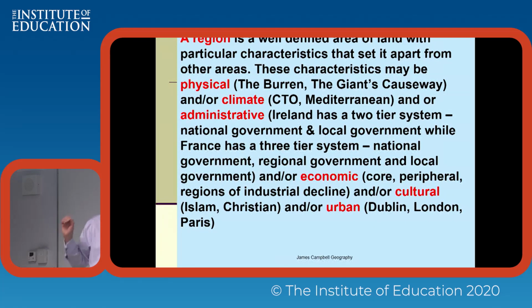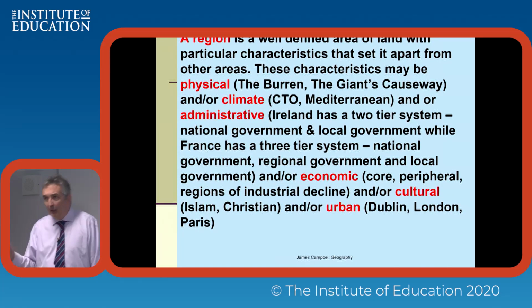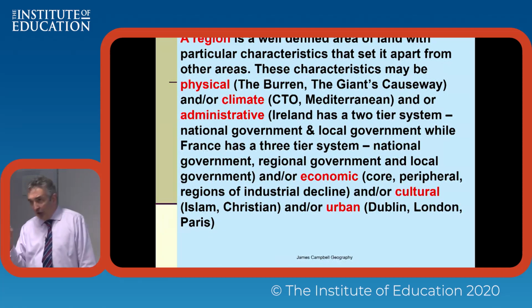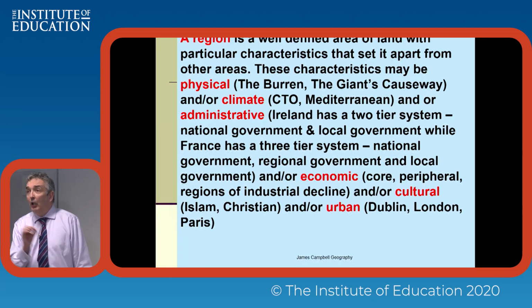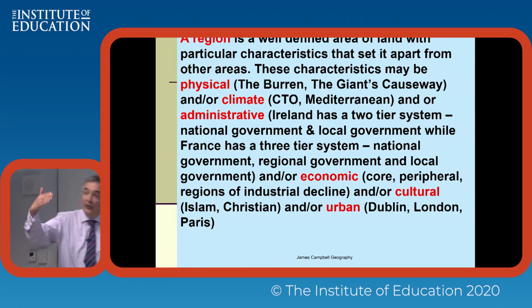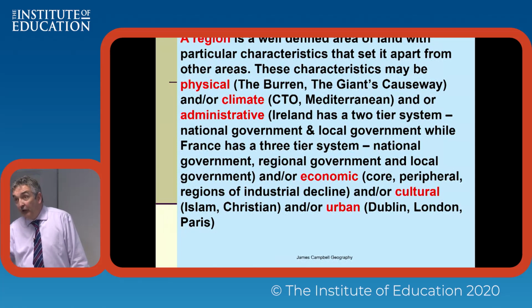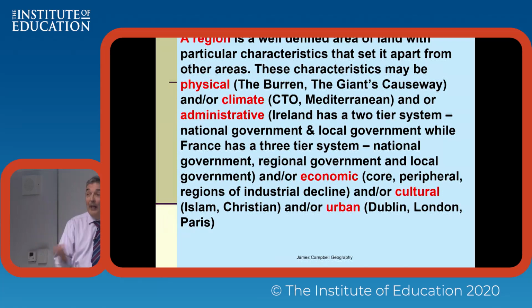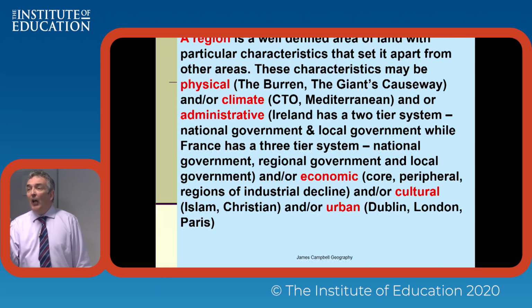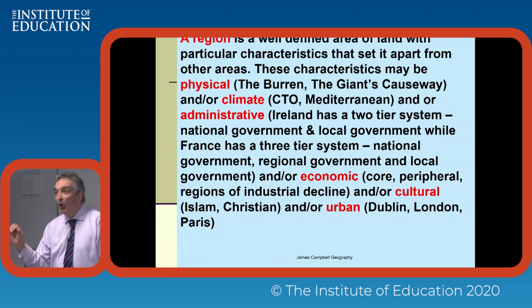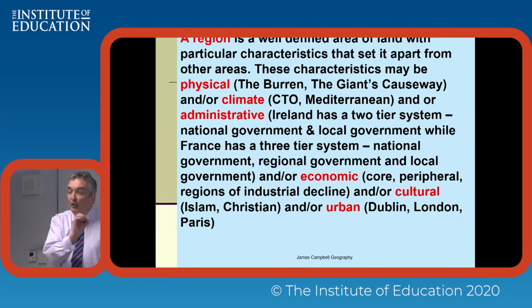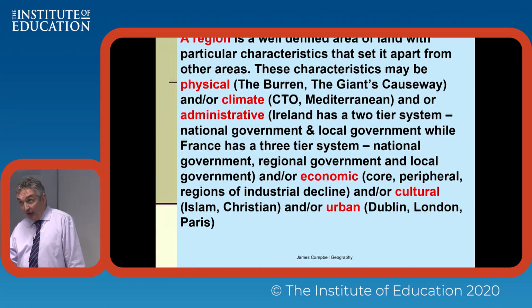We also have a third type of region, a region of industrial decline, or an RID. For example, the Nord-Pas-de-Calais in France, or the Sambre-Meuse in Belgium. These are has-been regions. They used to be core regions.